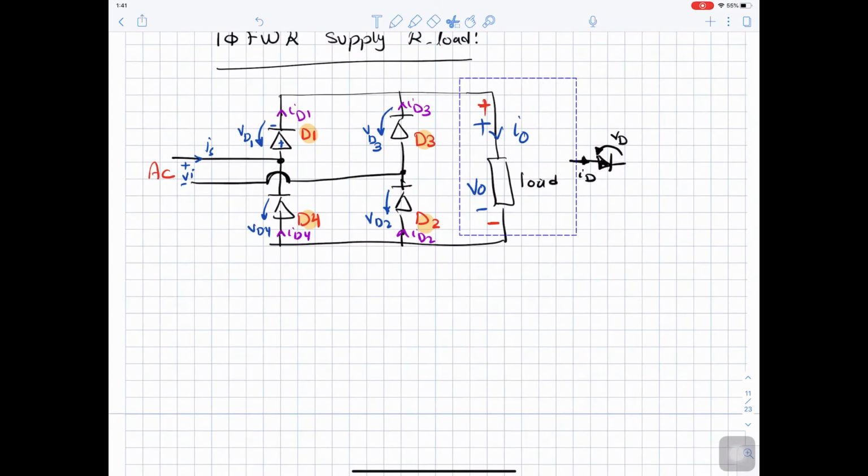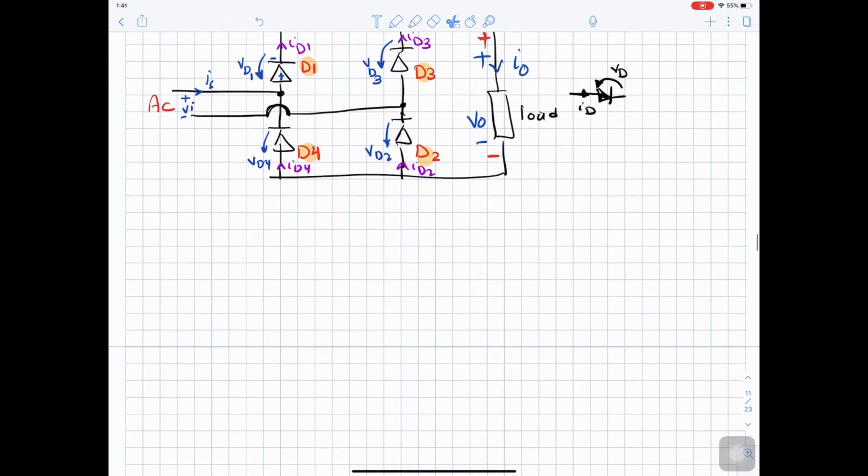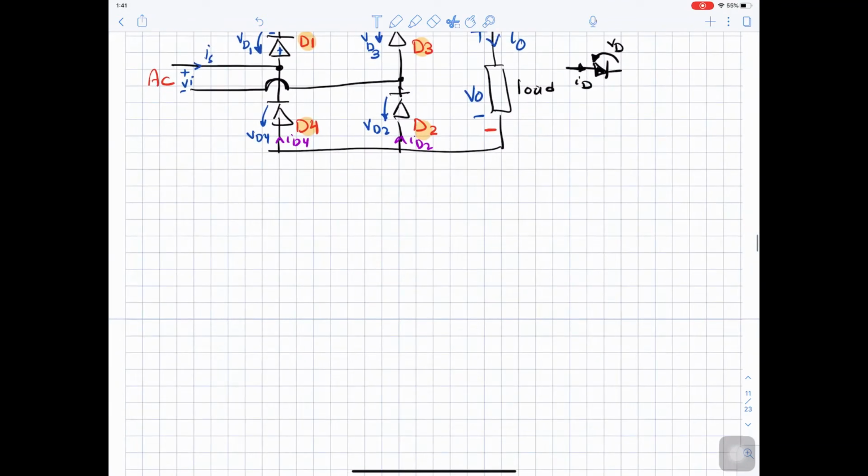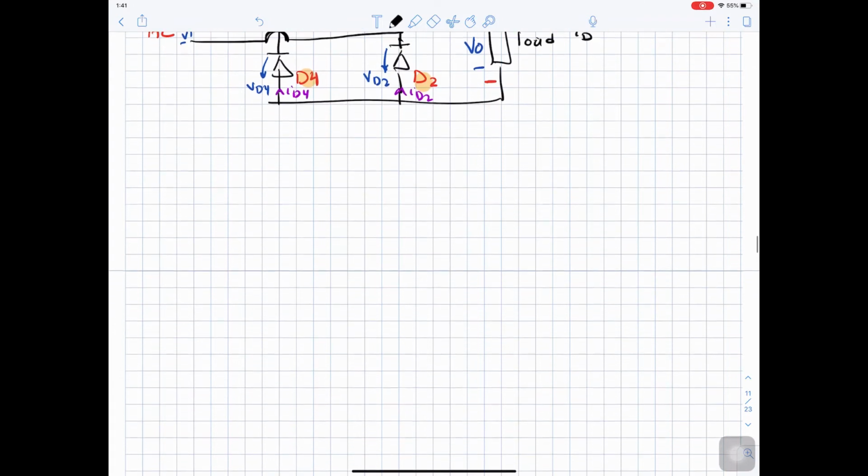Now, let's see how we will analyze the circuit. So we are able to sketch the waveforms, and after we sketch the waveforms, we will do the derivation for the average and the RMS. So as we mentioned before, we will analyze the circuit into two situations, okay?